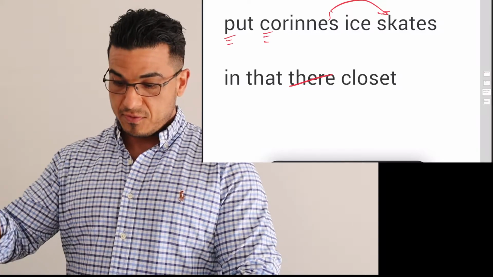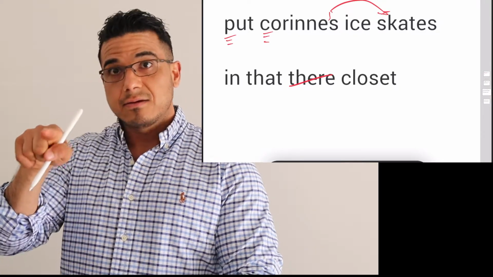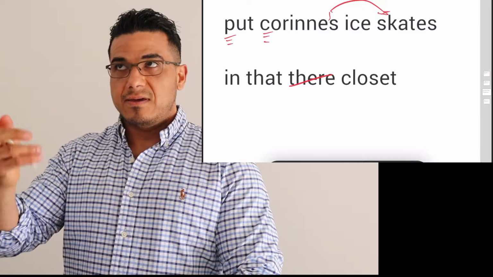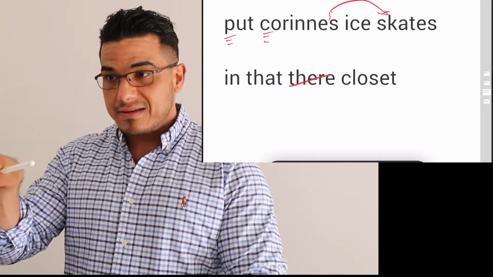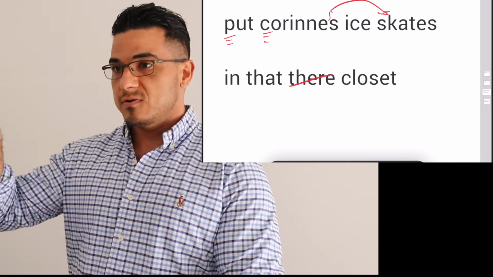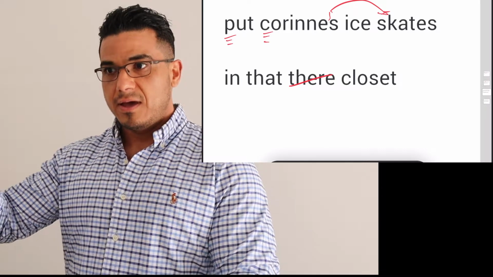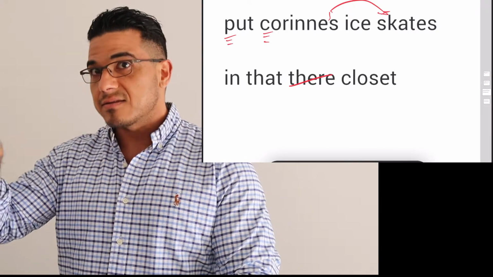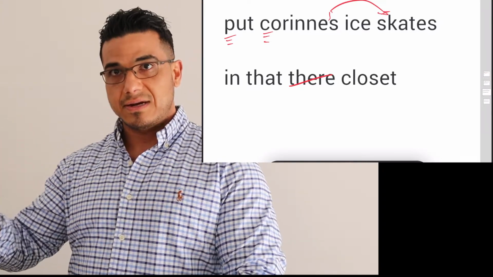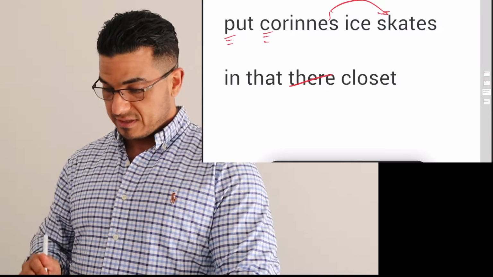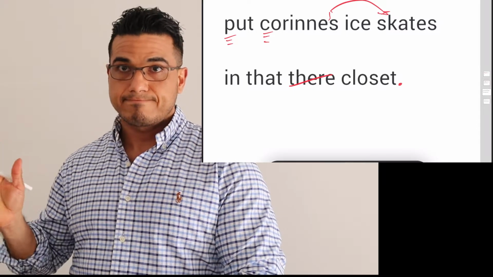So put Corinne's ice skates in that closet. Based on the context of the sentence, that closet is implied to be known to whoever's being spoken to. Therefore, saying that there, like I said, is redundant. You're repeating yourself. It's unnecessary. So that closet, period.